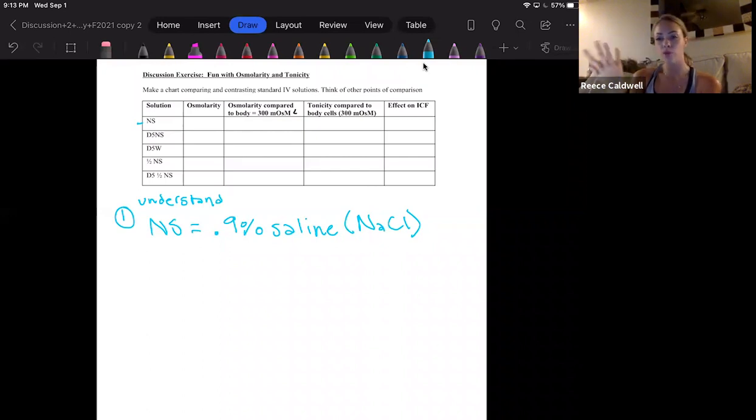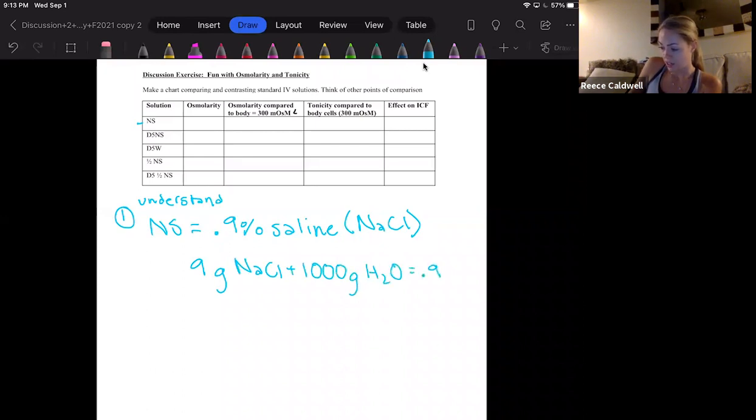However, 100 grams of water is hard to visualize, and again in this class we're going to be using primarily liters. So how we can think of it is 9 grams of sodium chloride and 1,000 grams of water equals 0.9% saline.